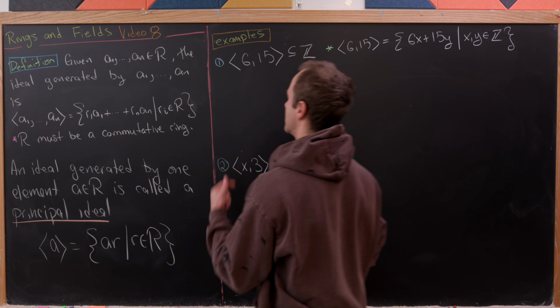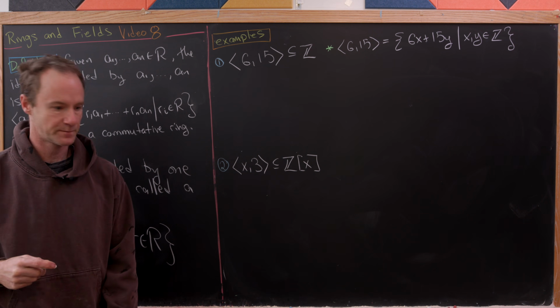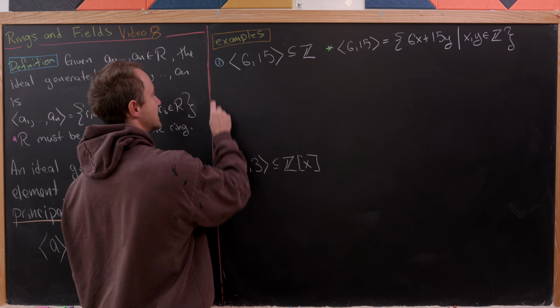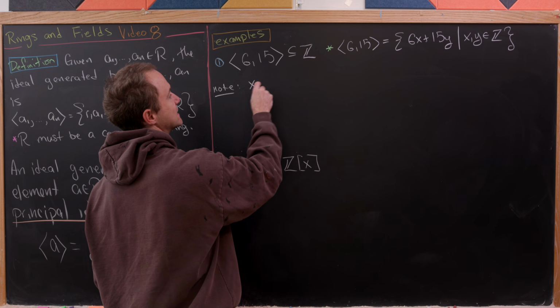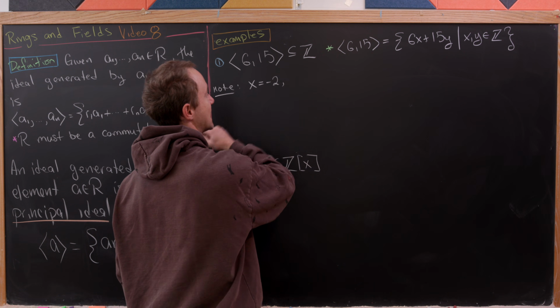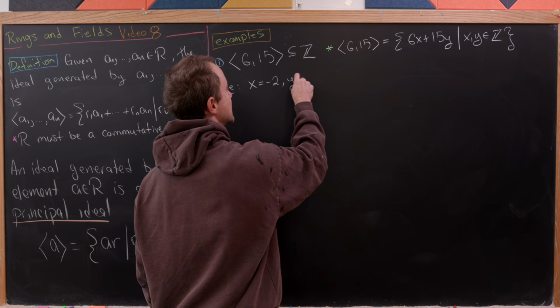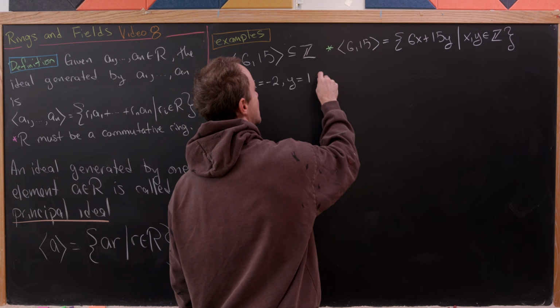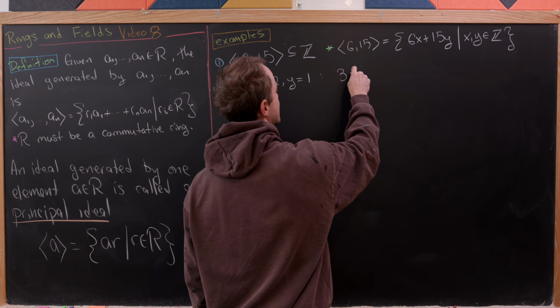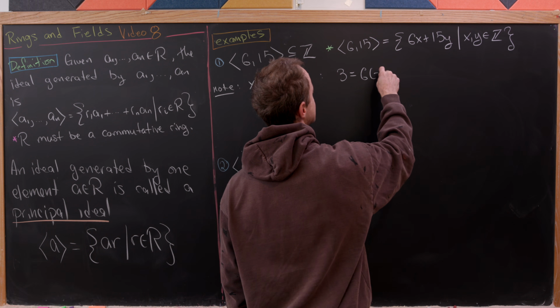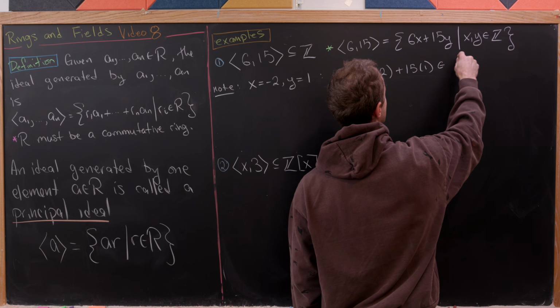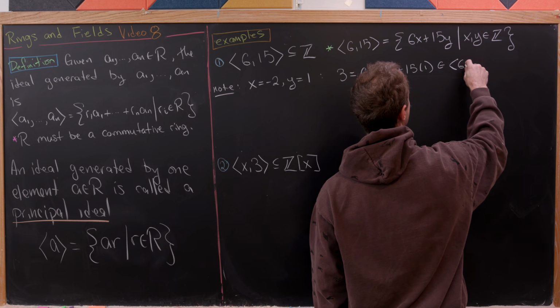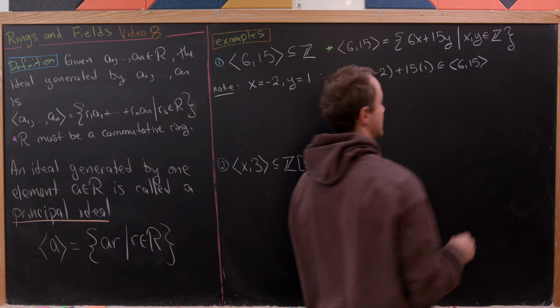That's just applying this definition over here. But now I'd like to note the following: if we set, for instance, x to be equal to -2 and y to be equal to 1, then we get the following equation. We get 3 is equal to 6 times -2 plus 15 times 1, which is an element of (6, 15).